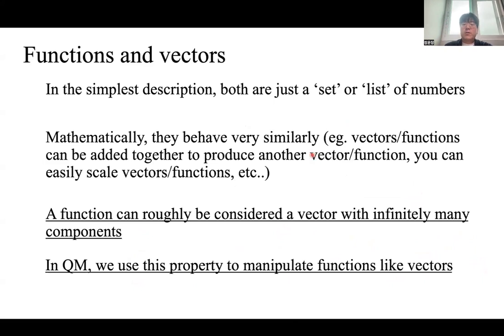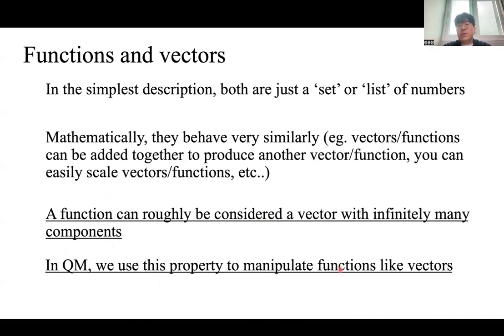So mathematically, it turns out they behave the same because they are both just lists of information. They behave really similar when you try to manipulate them. And you can consider a function to be roughly a vector with infinitely many components. So in quantum mechanics, we're going to use this property to manipulate functions like vectors.